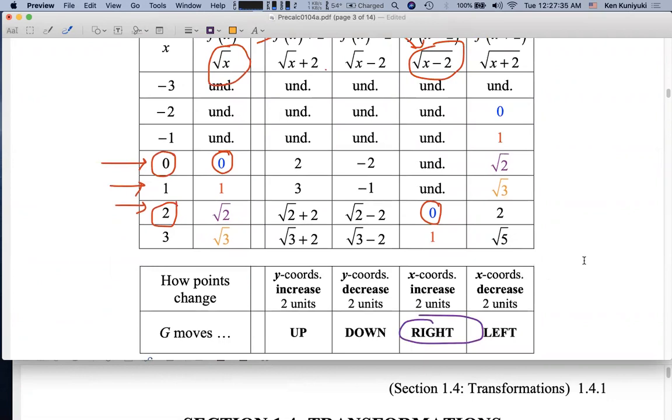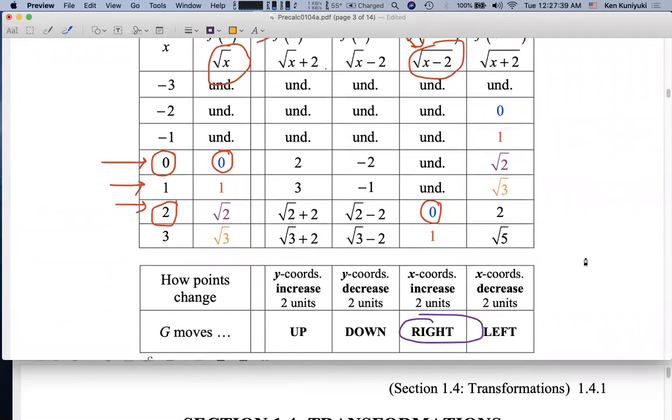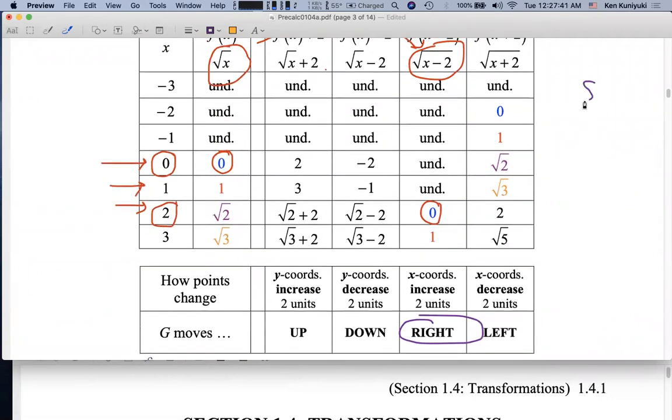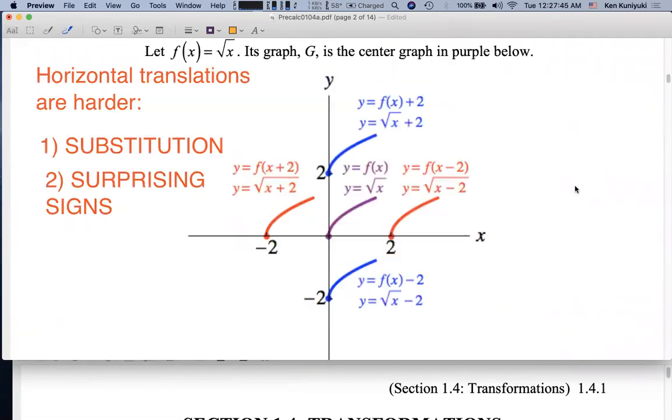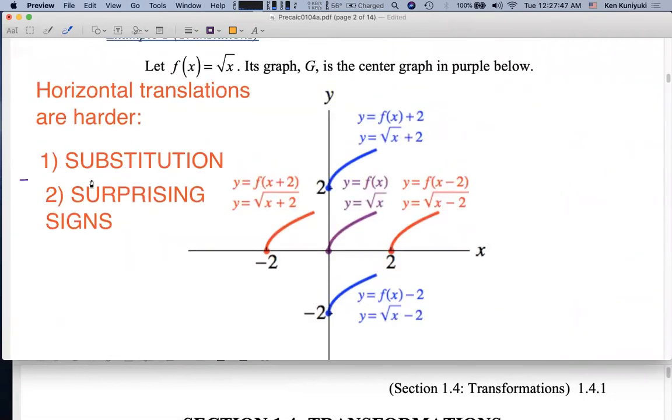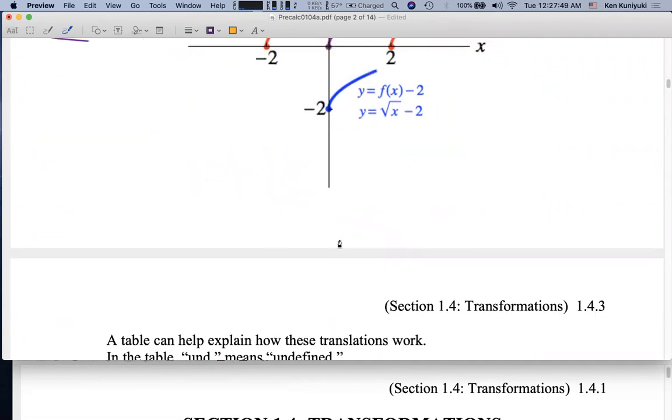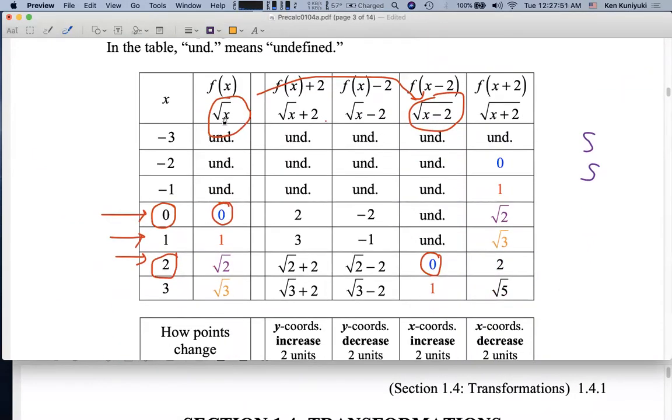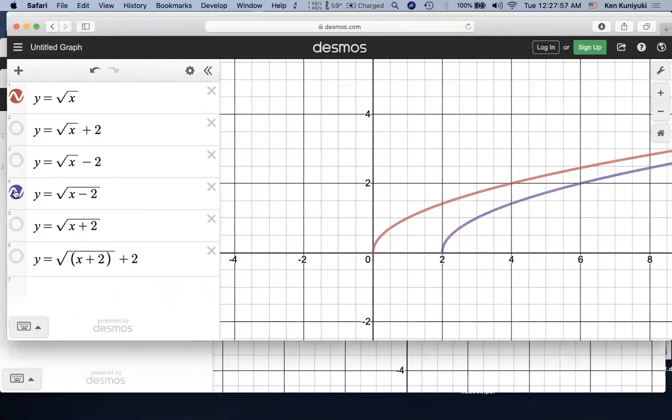It's kind of like daylight savings time where there's a 2-hour shift. Remember, two reasons why horizontal translations are confusing: the two S's. They involve substitution, and we have surprising signs. From the square root of x to the square root of the radicand x minus 2, not plus 2, if you want to move to the right.